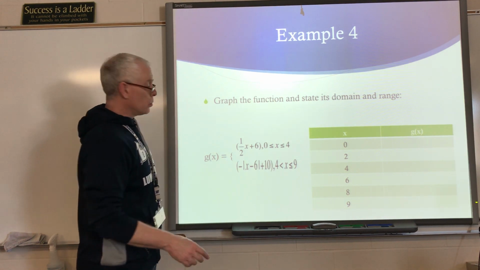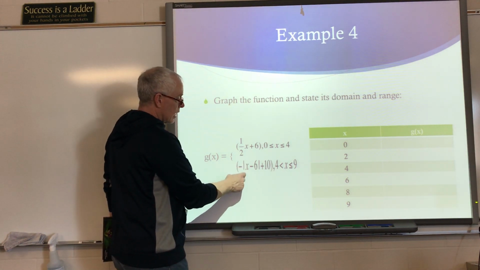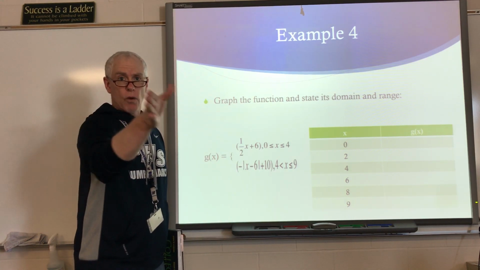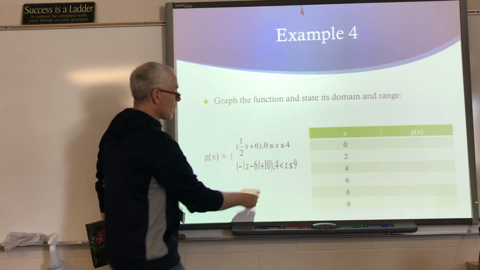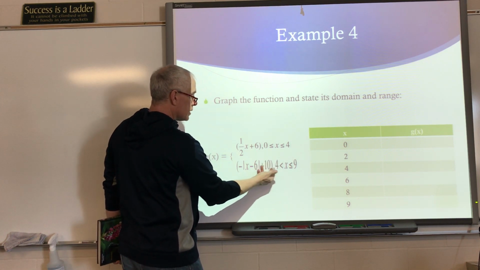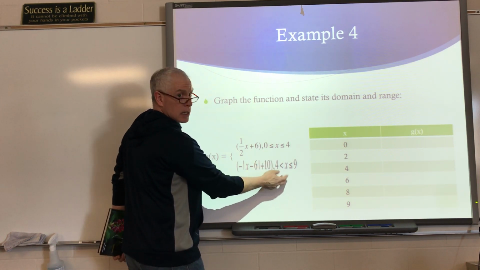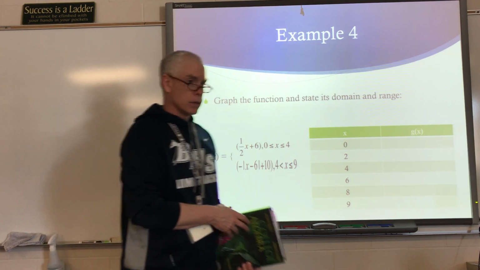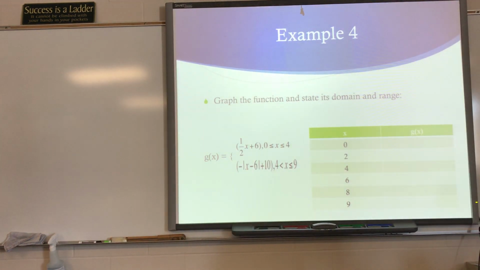In your y2, the opposite of the absolute value of x minus 6, absolute value is in your math menu over one column to numbers, plus 10 divided by x greater than 4 and x less than or equal to 9. Okay?